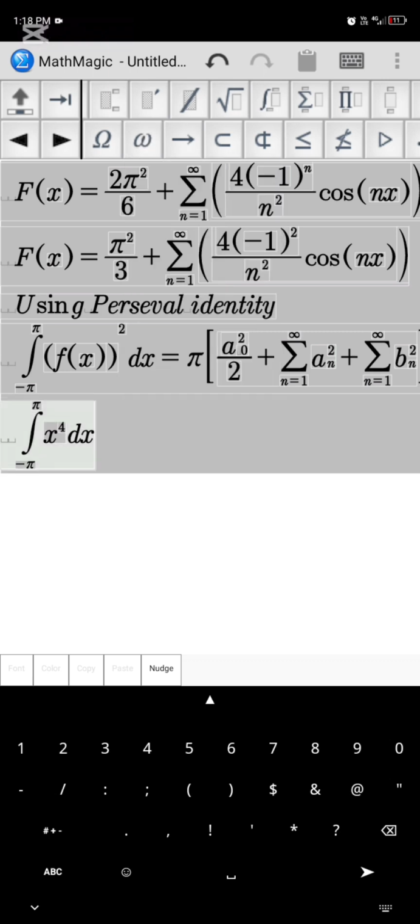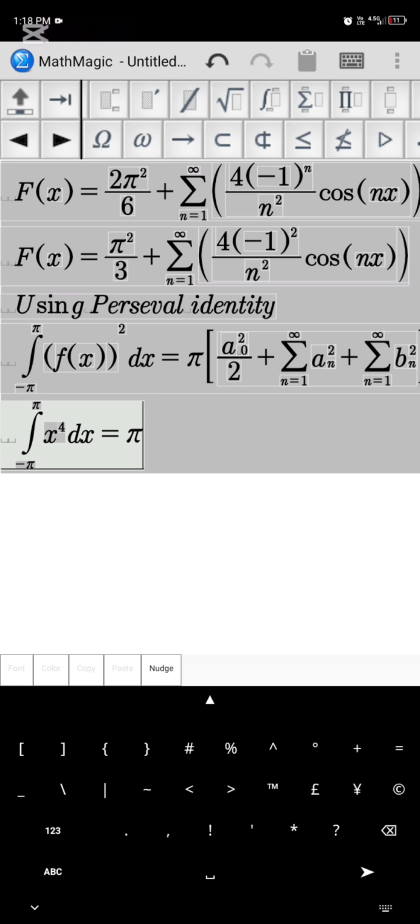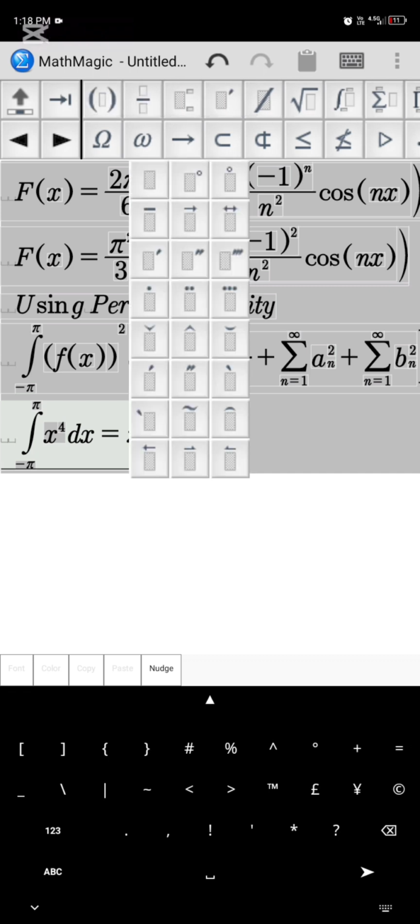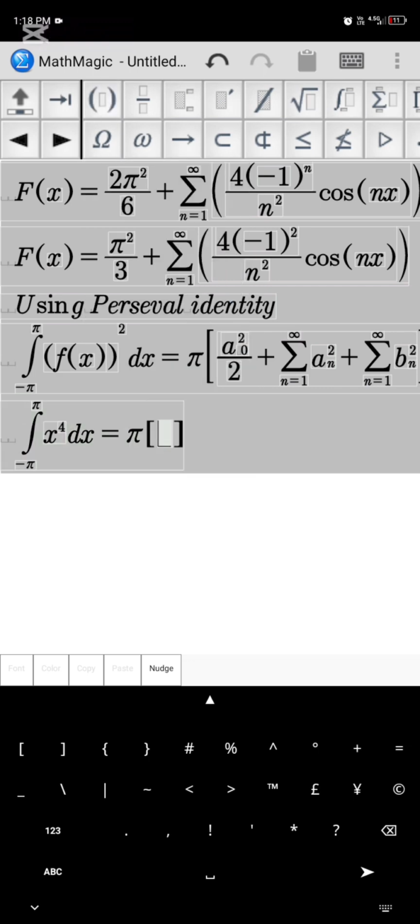All right, so this will be equal to, applying those limits, pi multiplied by a naught. What's the value of a naught from our solution? A naught is 2 pi squared over 3.